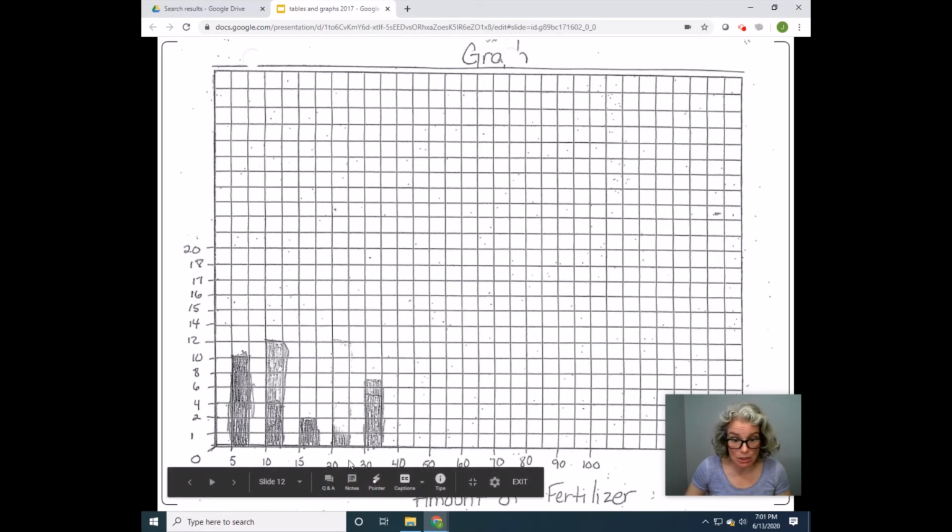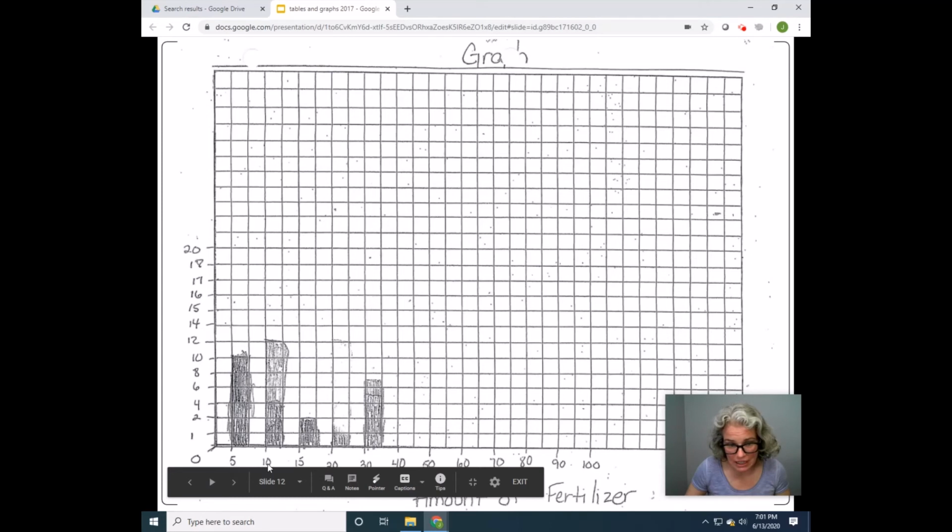They made a similar mistake on this axis here. In addition, what the heck is going on with this bar? Is this at 5 grams of fertilizer, or is it at some other number? If you're making a bar graph, the number should be centered underneath the bar, not to the side.